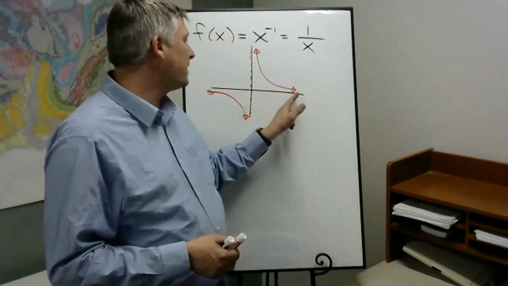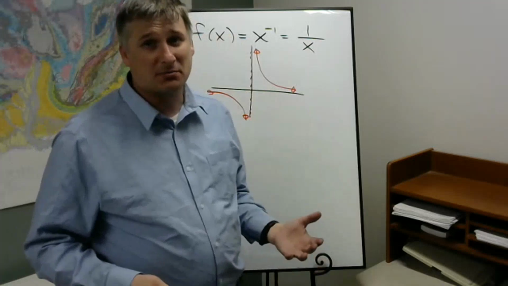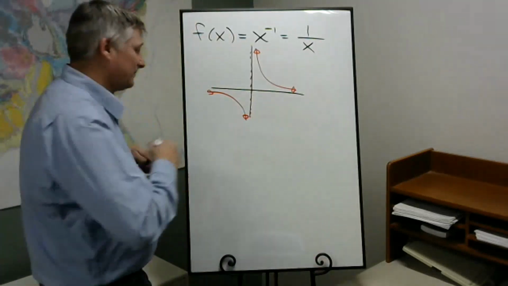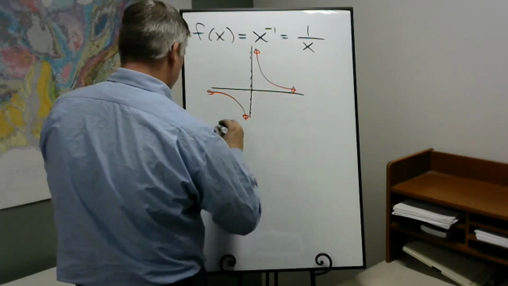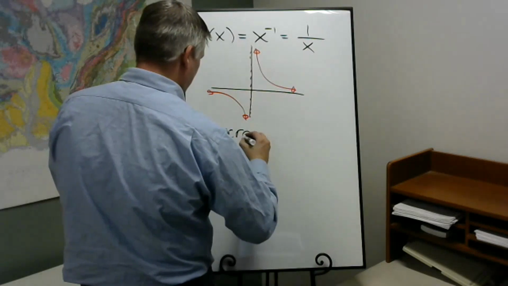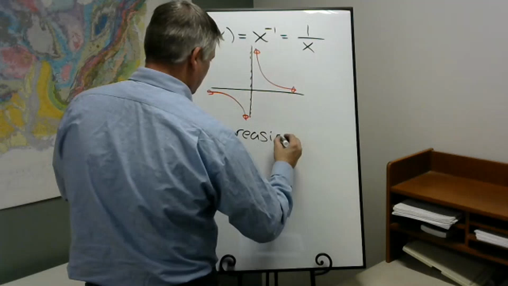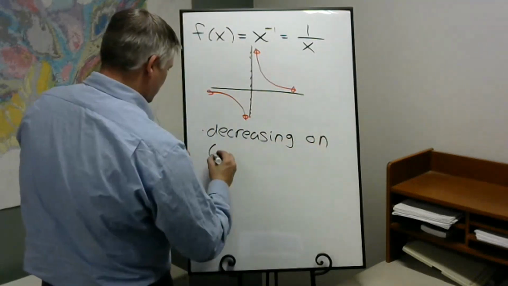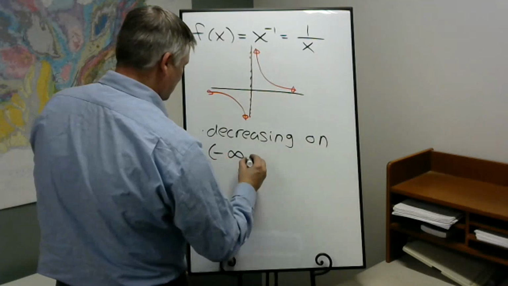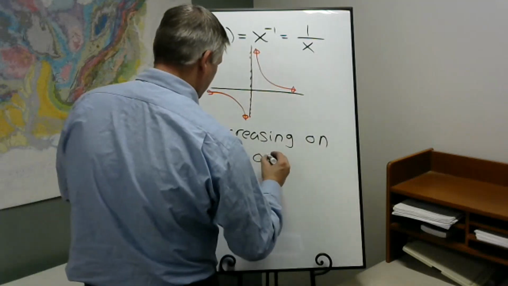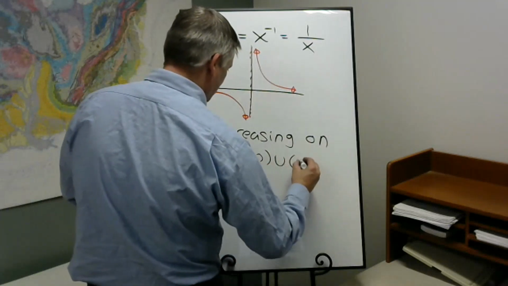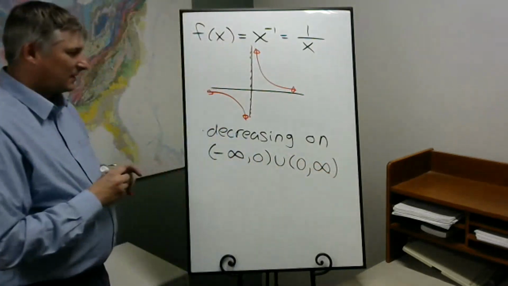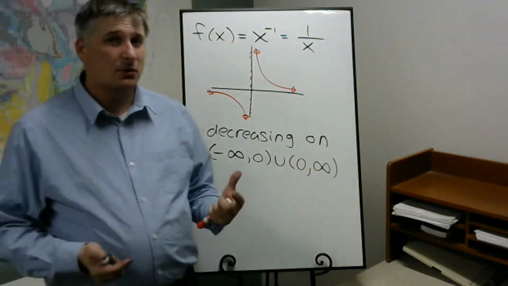As you go left to right on this branch, it's always getting smaller. So this thing is actually always decreasing. So it's decreasing on its domain.